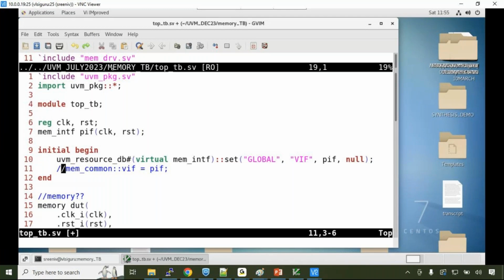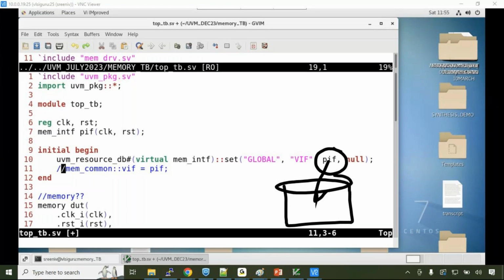End goal is same. What are we doing? We are putting our physical interface into one bucket. That bucket name is resource database, UVM underscore resource DB. Whoever wants to access it, they will access that from that bucket by using a different method.